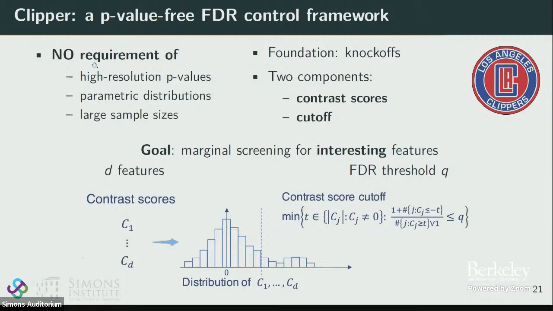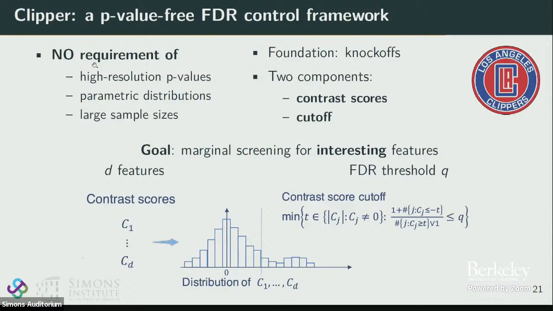So this formula is trying to find the threshold here, the dashed line, so that this ratio is small. The denominator is the number of features on the right of the dashed line, and the numerator is the number of features to the left of the negative of the dashed line, plus 1.